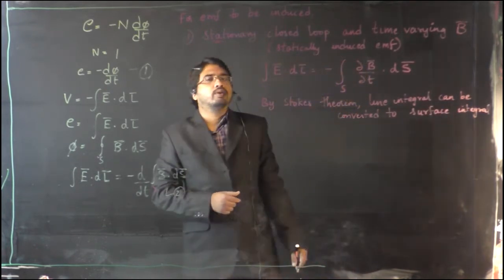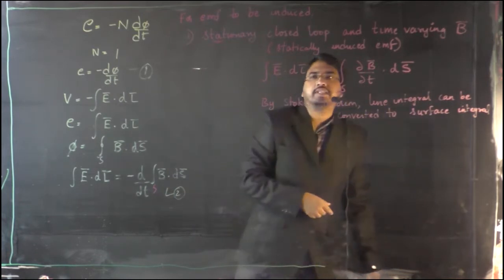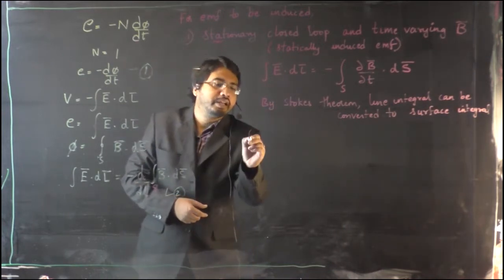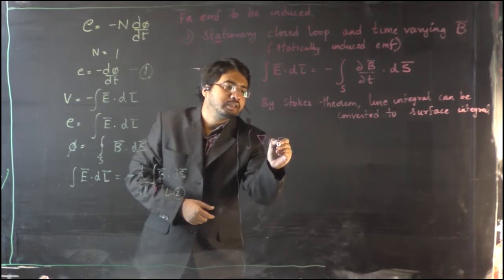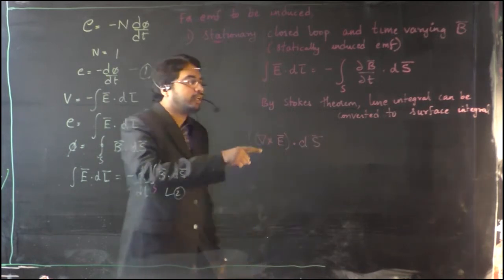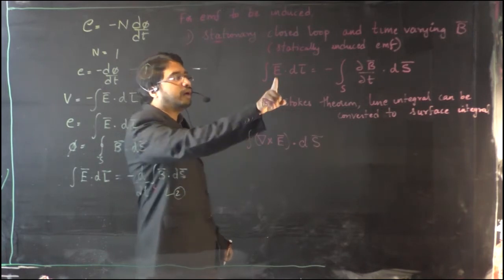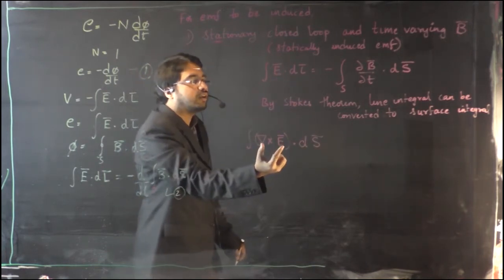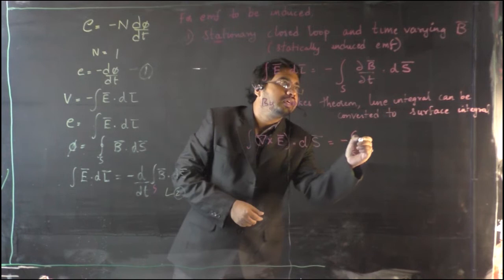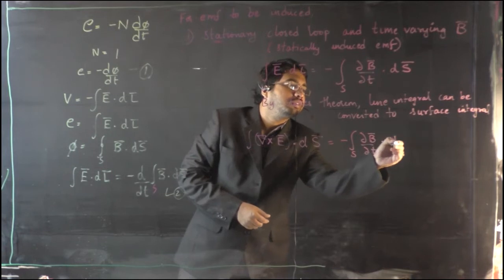So converting the line integral E bar dot dl bar, you will get del cross E bar dot ds bar, which is equal to minus the surface integral of ∂B bar/∂t dot ds bar.